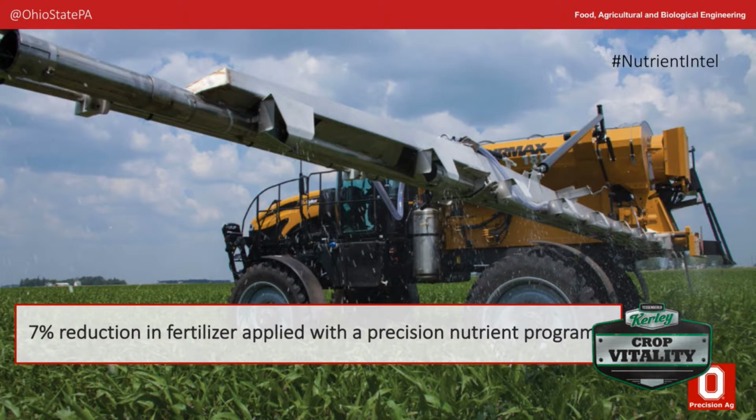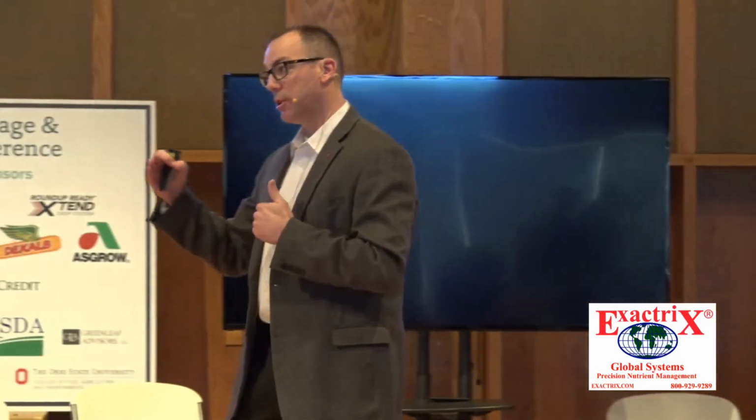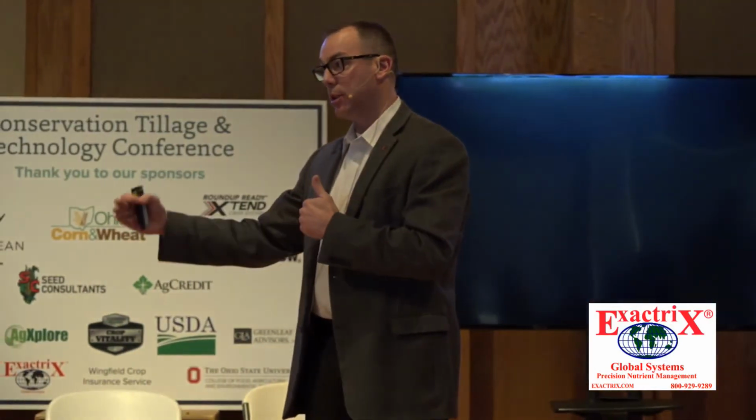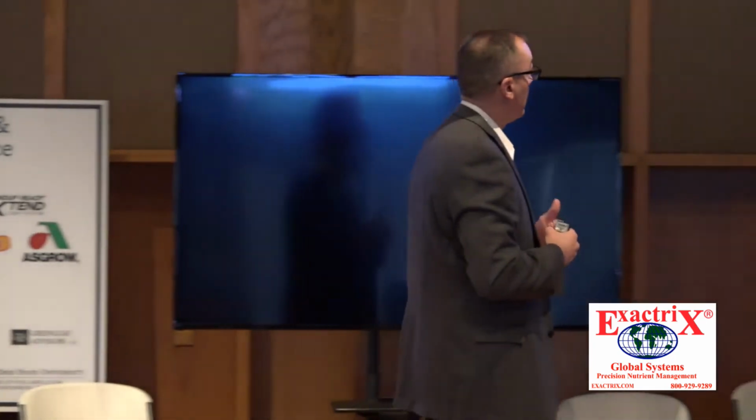So I'm not saying the savings come immediately, but as we look at it over time, there's a 7% opportunity on average to reduce the amount of fertilizer applied. In some cases it takes 8 to 10 years to see those savings, but on average we've seen a 7% reduction of fertilizer used for those that have implemented precision nutrient management strategies.